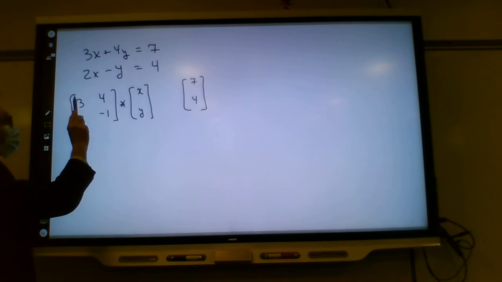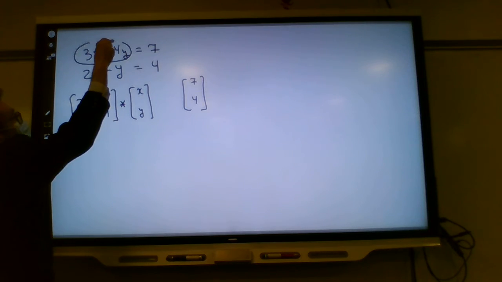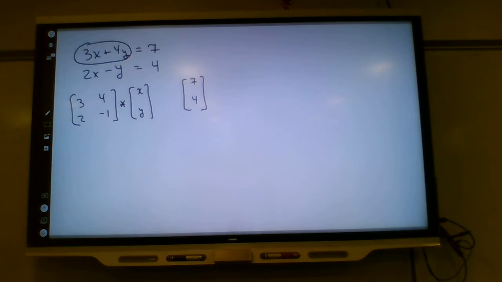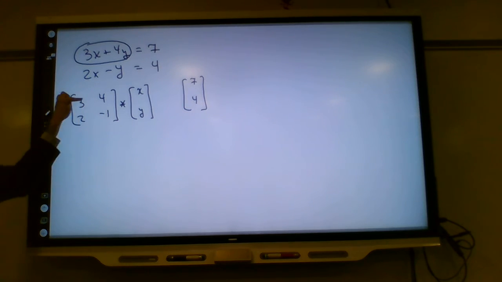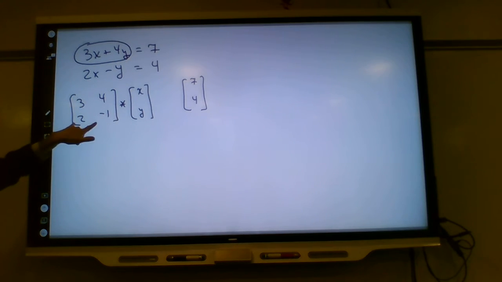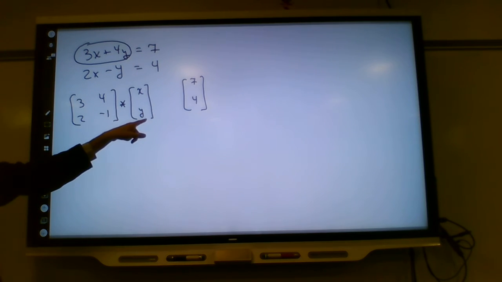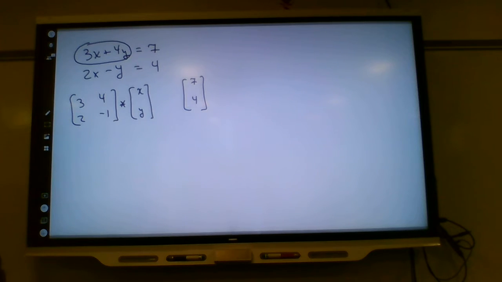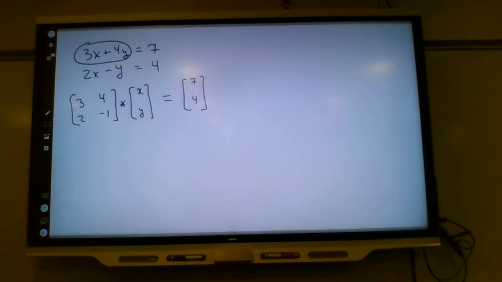Dot product is 3 times x plus 4 times y, which is that entry right there. So in this answer, first row, first column is the dot product of the first row and the first column, which is 3x plus 4y. What's the entry below that? Well, it's going to be the dot product of the next row with that column, which is 2x minus y. And so that system of equations becomes this matrix equation.